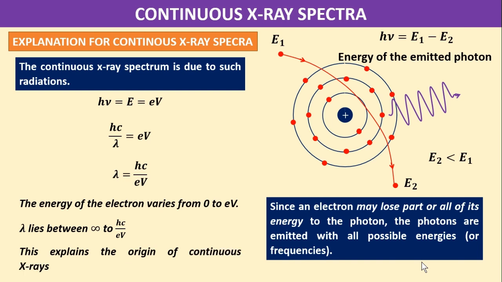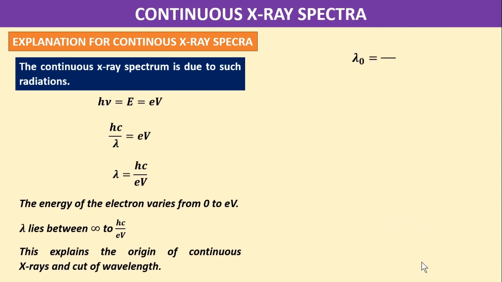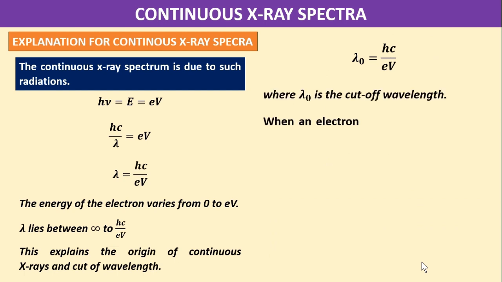This explains the origin of continuous X-ray spectra and cutoff wavelength. Lambda naught equals hc by eV. Here all the energy of the electron is completely converted into a photon, and h c by lambda naught equals eV, where lambda naught is called the cutoff wavelength.